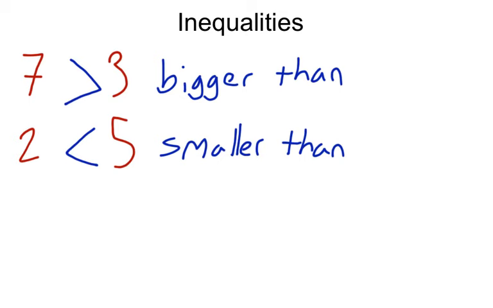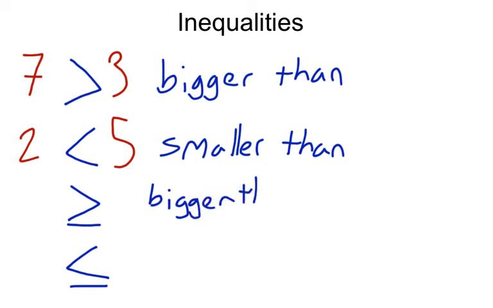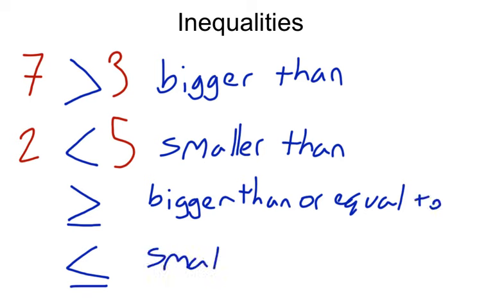The other two symbols are exactly the same, but they have a line underneath them, and the difference with those is that they mean it could be bigger than or equal to. And similarly, this one means smaller than or equal to.